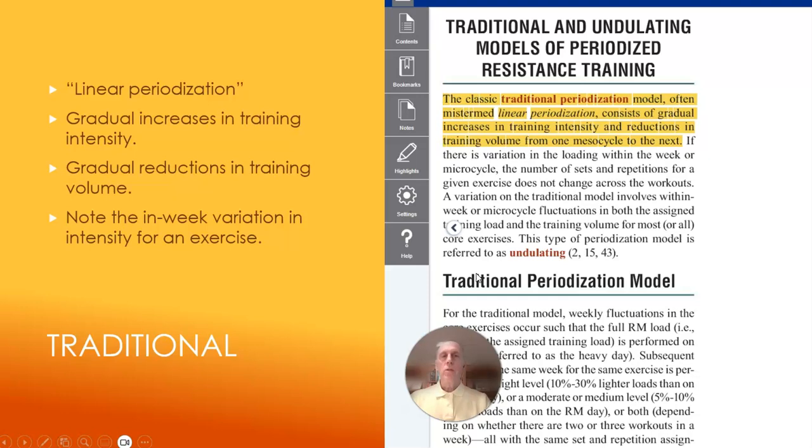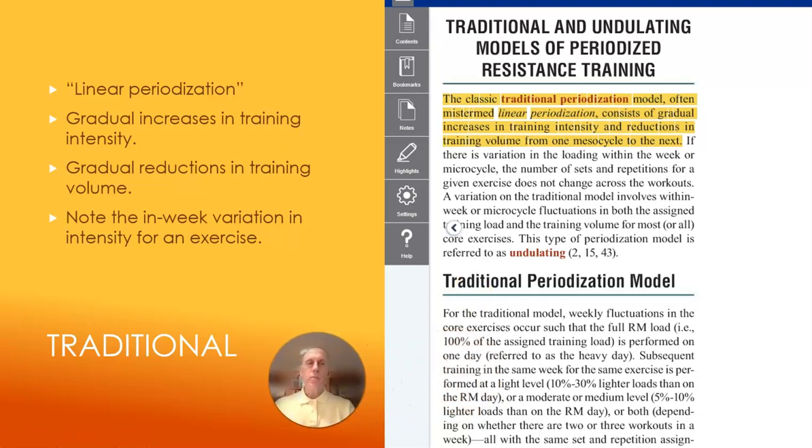All right. So with the traditional model, it's often referred to as linear periodization, and it's a gradual increase in training intensity with reduction in training volume from one mesocycle to the next. It has its place, and it's something that's been around forever.